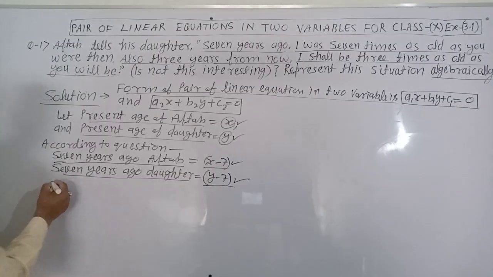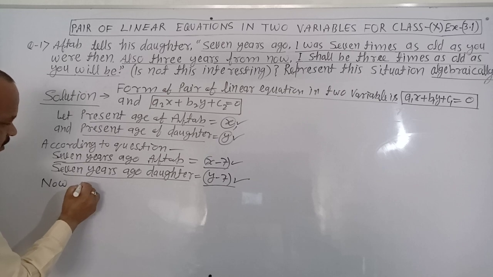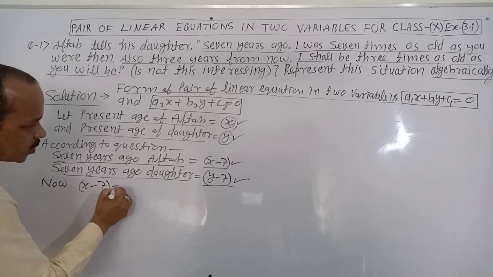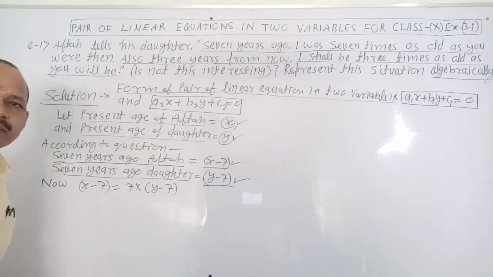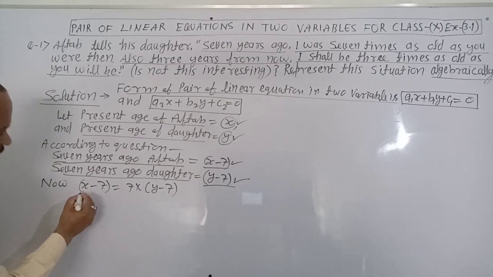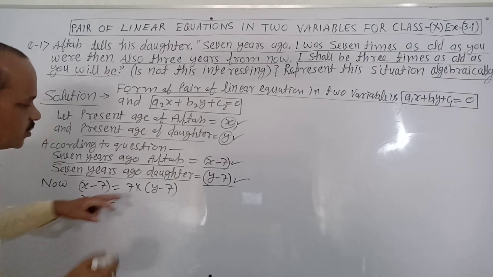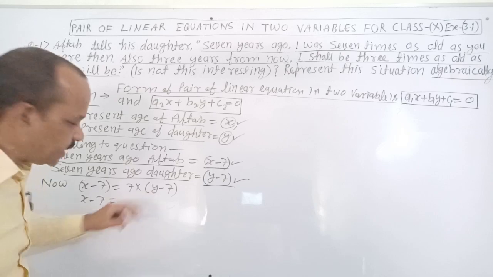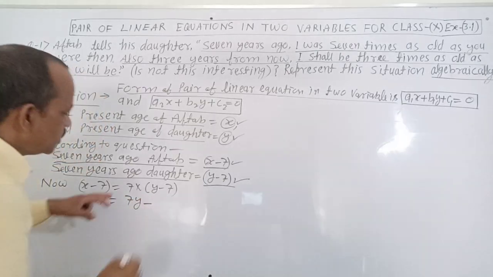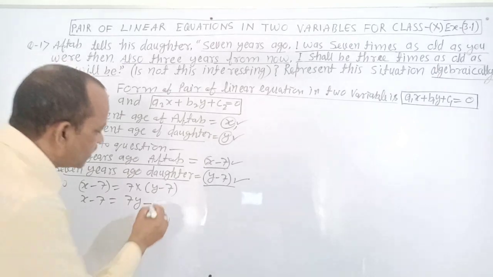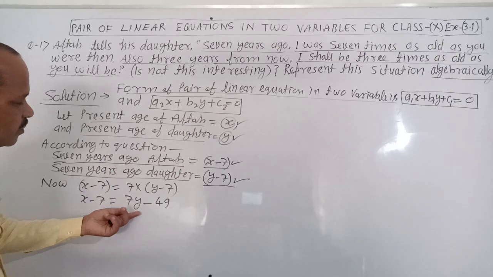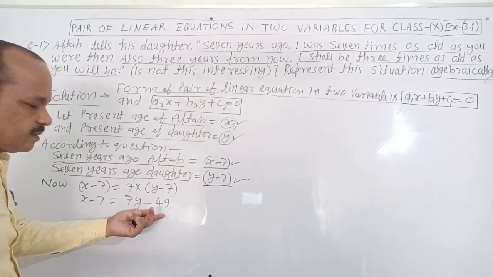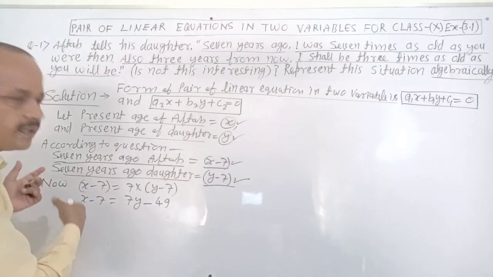Now x minus 7 equal to 7 multiply y minus 7, according to the question. Here x minus 7 equal to, you multiply 7 and y, it becomes 7y. You multiply 7 and minus 7, it becomes minus 49. You write minus 49 and 7y on the left side.